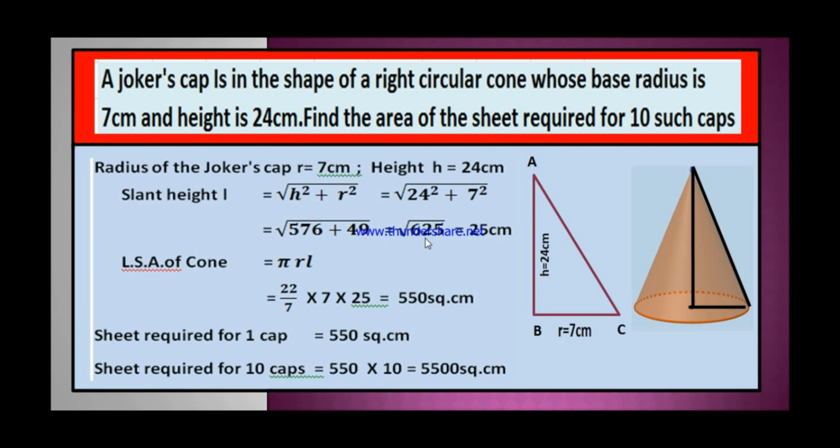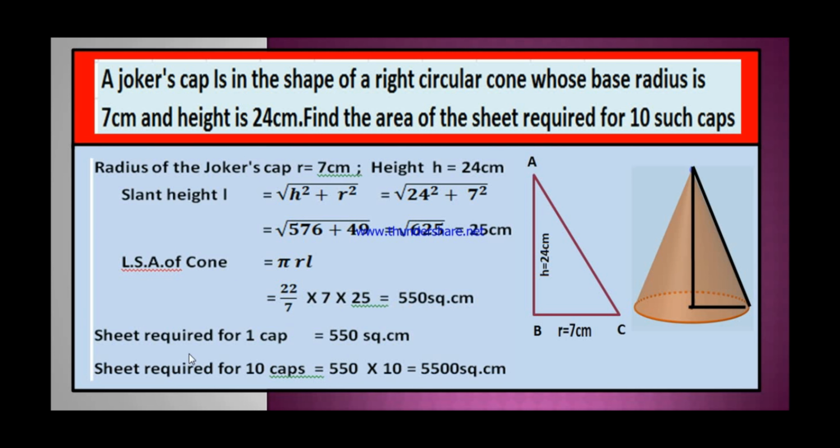This is the slant height of this cone. Now, the lateral surface area of the cone is pi R L. Pi value is 22 by 7, R value is 7, into L value, which we got as 25. You can cancel 7 and 7. Finally we have 22 into 25, which is equal to 550 square centimeters. It is the lateral surface area of the cone.